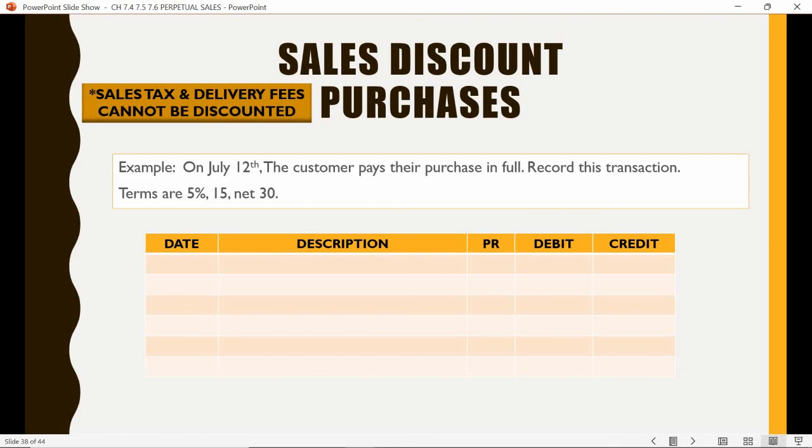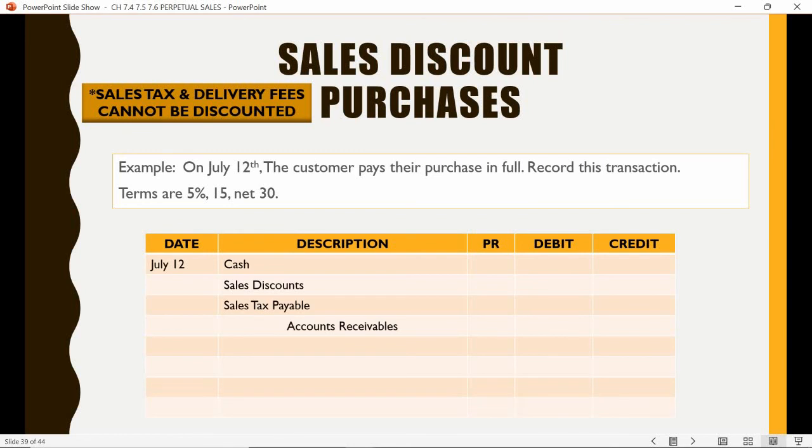Because we already charged them and placed it on accounts receivable, we have to note that we're going to get paid, but not in full because this customer is going to get a discount. So we have to recognize it like this.